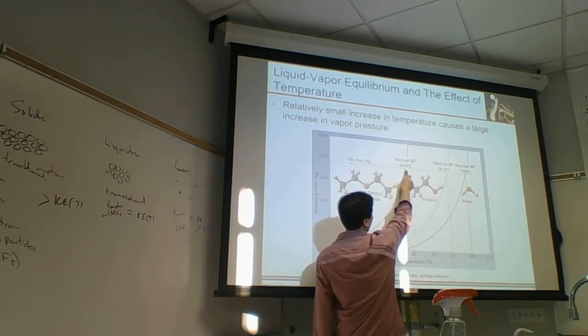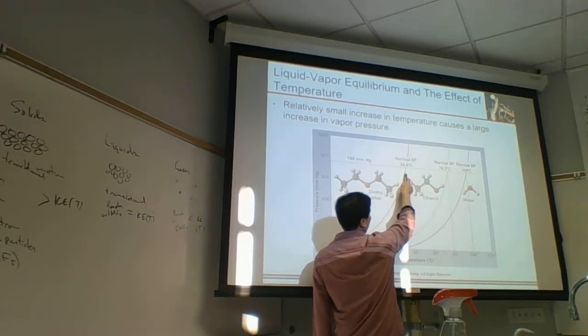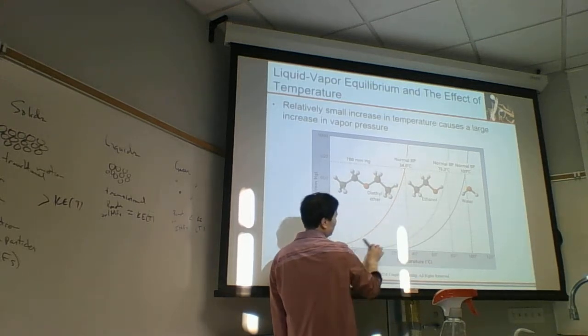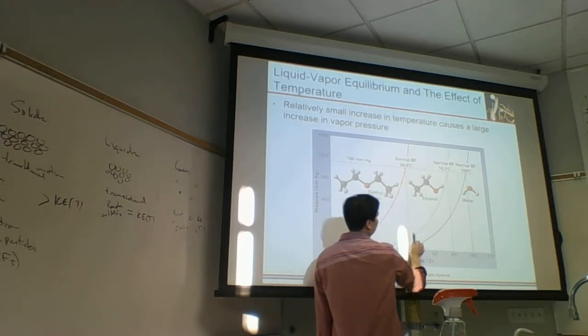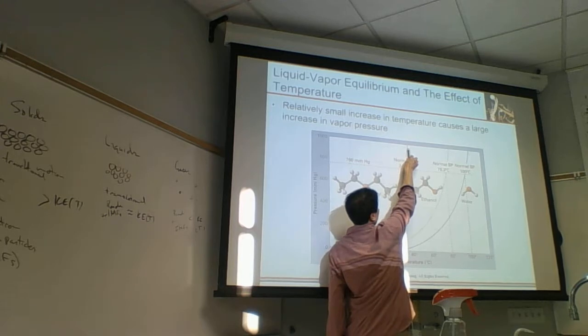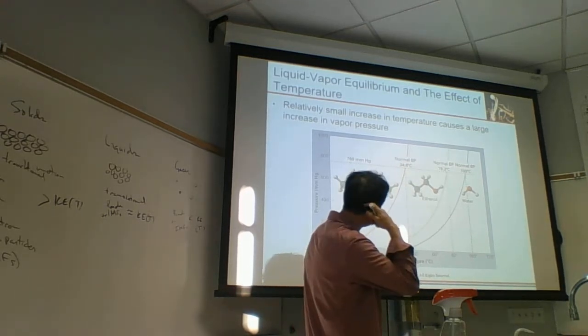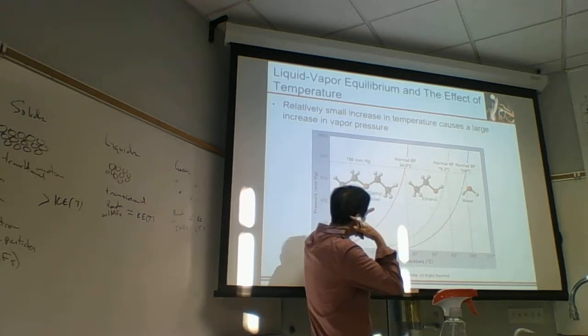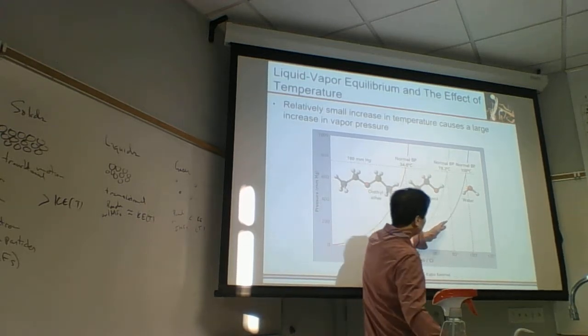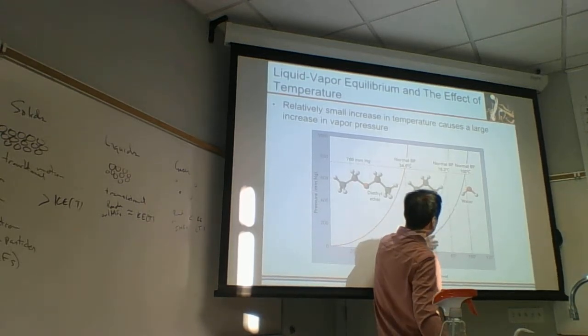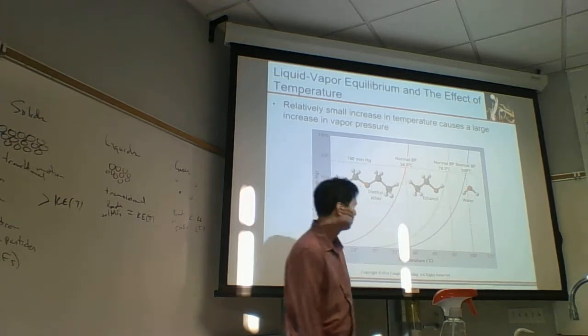It's all boiled off. The boiling point of diethyl ether is only 34.6. So diethyl ether is the most volatile. At 40 degrees C, it's all vapor. So these are different vapor pressure curves, diethyl ether being the most volatile, water being the least of these three, and ethanol being somewhere in the middle.